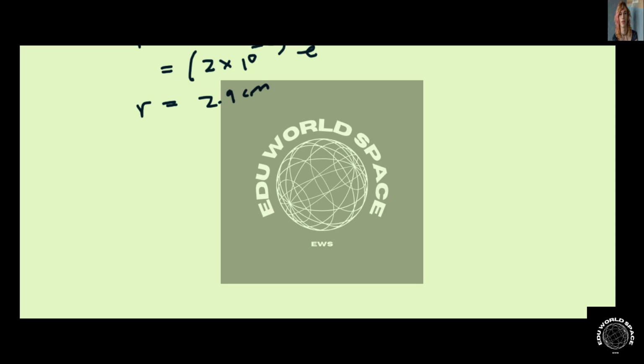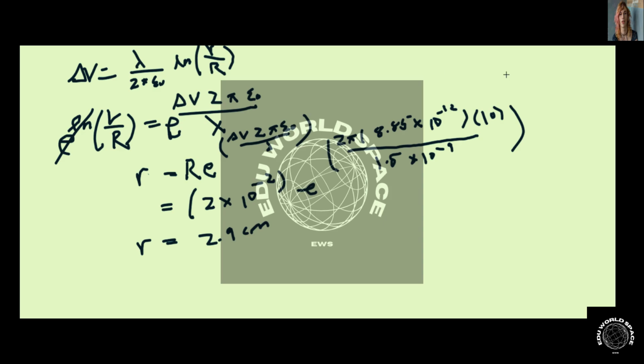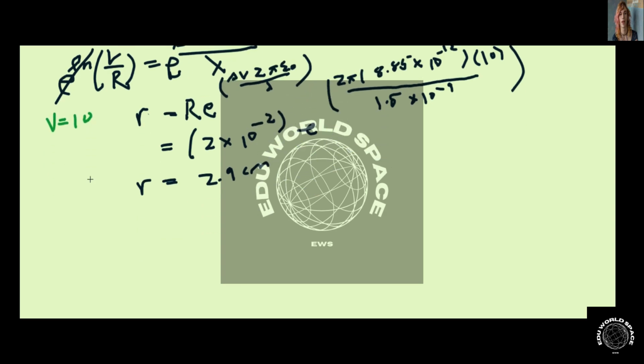And similarly, we solve for the several other voltages that we're given by using the same process. So this is using voltage 10. V equals 10 for this one. Now I don't think I need to write this out, since the only thing we're changing here is the voltage.